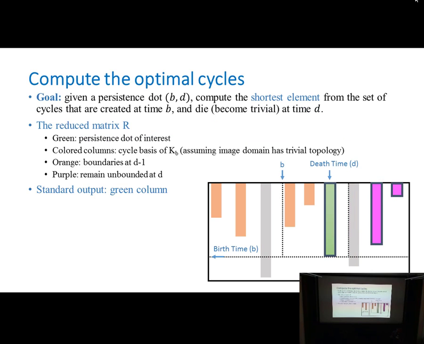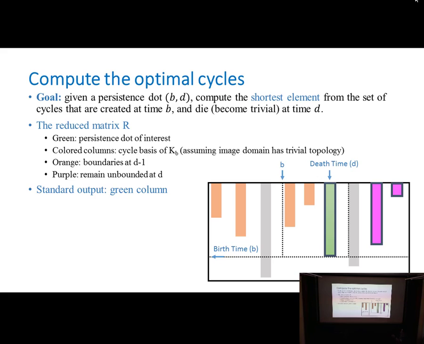Actually, there's a way to do it very conveniently if you are familiar enough with the persistent homology algorithm. And luckily, I have a bunch of lectures before me, so I assume at least you know that when you do persistent homology, in the end, you would end up with a fully reduced matrix called R. That's all we need.